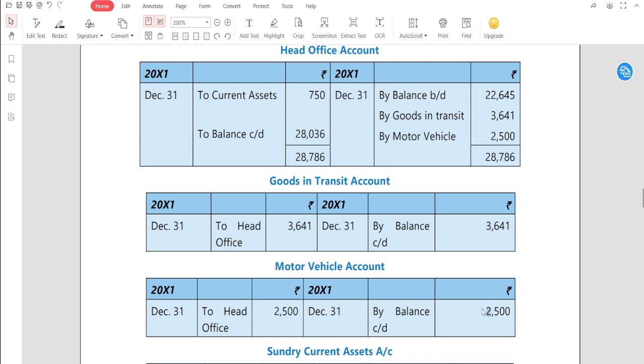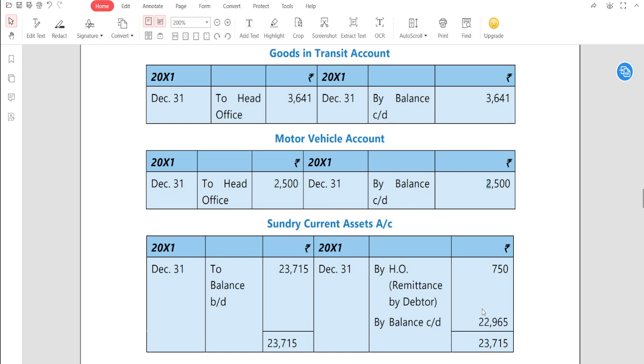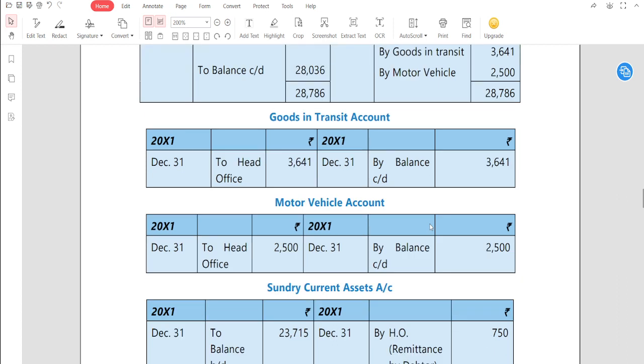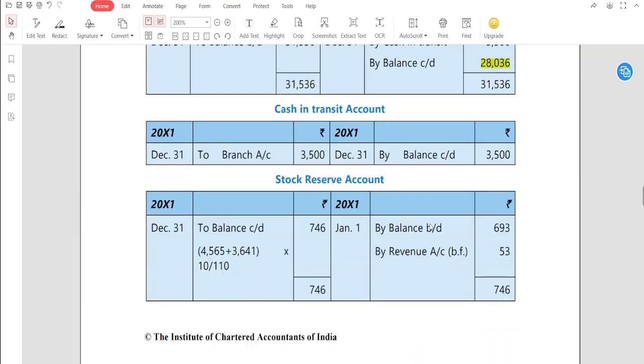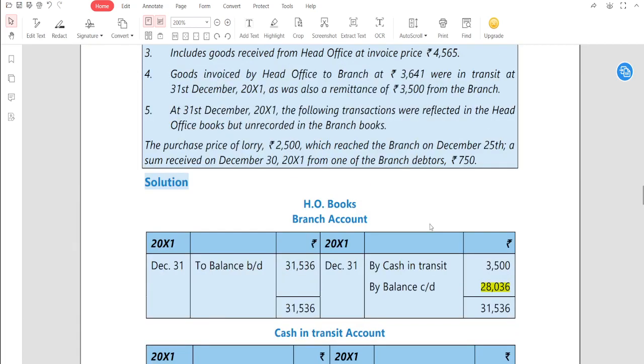So balance will be as it is. Now Sundry current asset: if you see, there is a closing balance of 22,965. So this is a very easy sum. It's interesting, a little bit tricky. We need to follow all the transactions here, and then these ledgers have been prepared very well, and both the balances of branch and HO account have been matched subsequently.